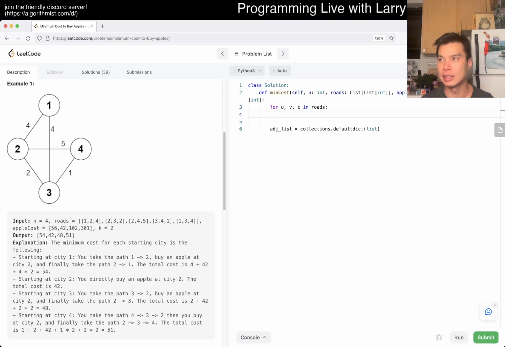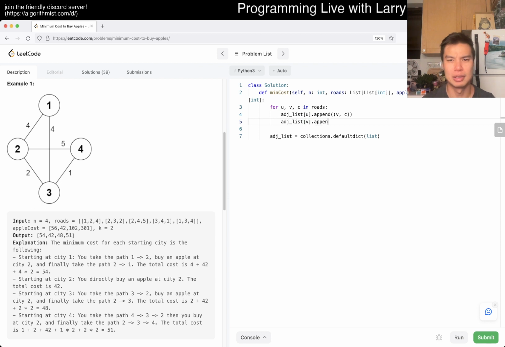I think the idea is that for each node, we connect it to one master node, with the weight being the cost of the apple at that node, maybe. I don't know if that's quite true, to be honest, or I'm just doing something funky.